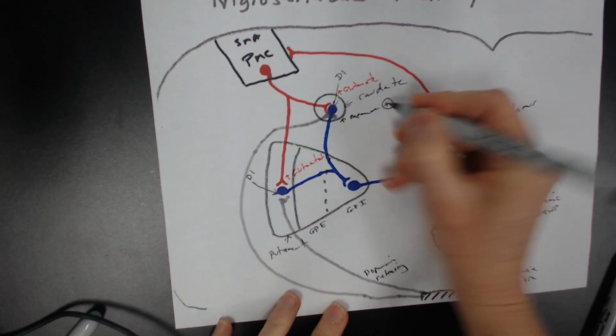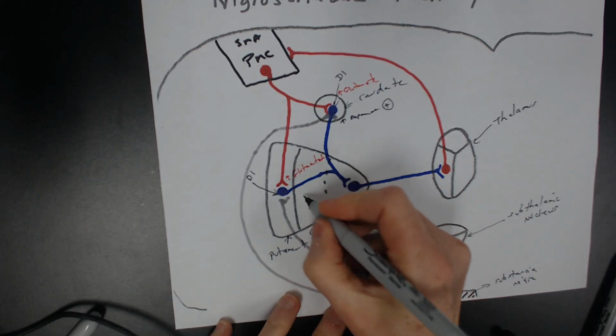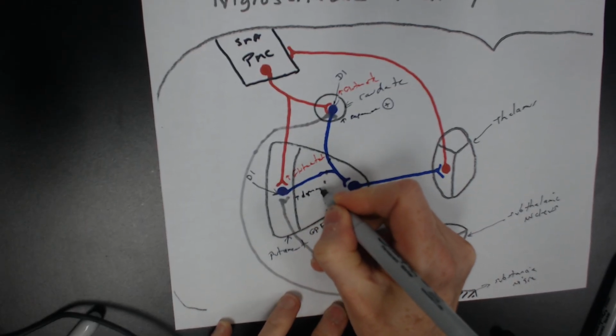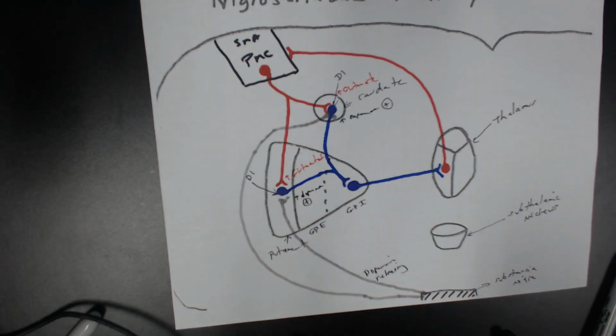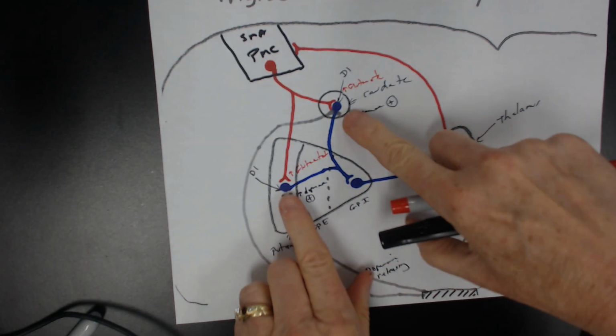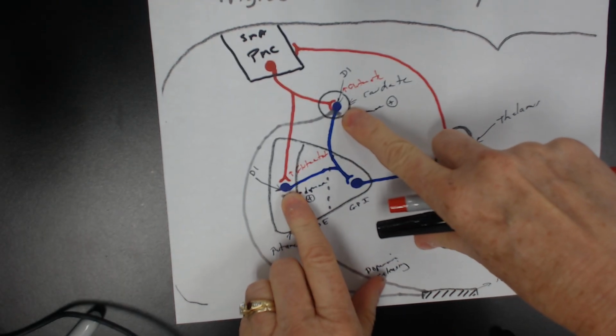I'll just put a positive because it's stimulatory there, and also it's going to be stimulatory here. So you have a combination. You have dopamine that's going to cause depolarization, and you also have glutamate that's going to cause depolarization of the next neuron in sequence. So it's in contact with a GABAergic neuron.